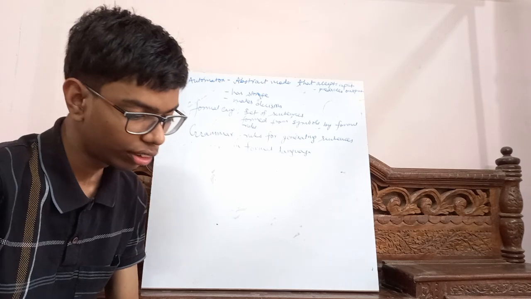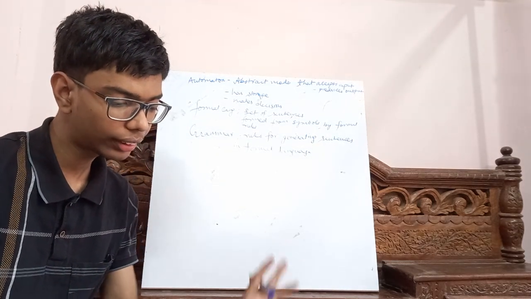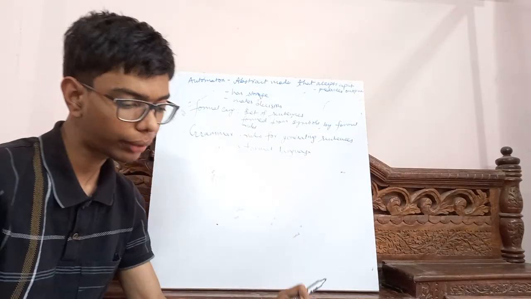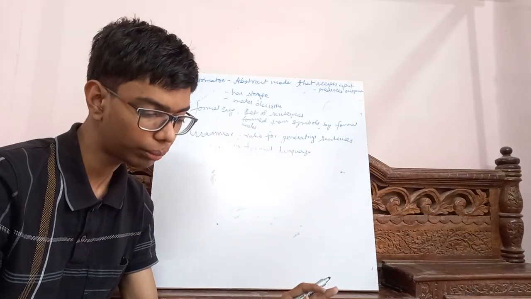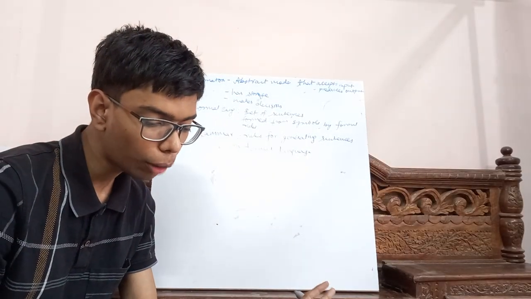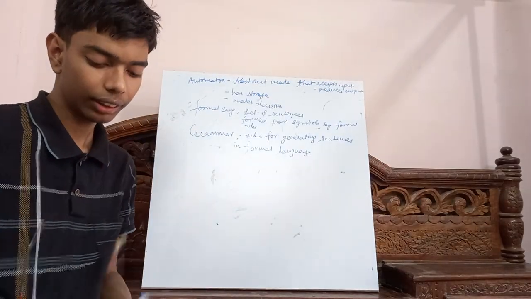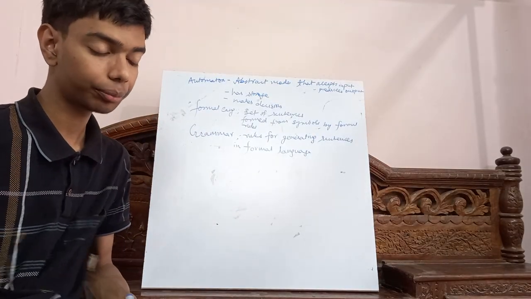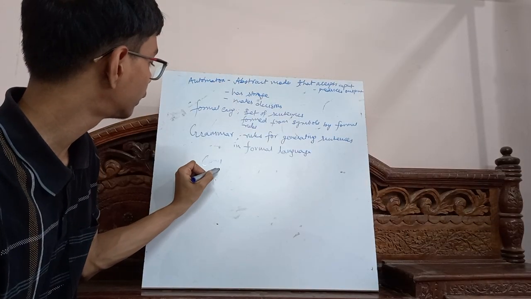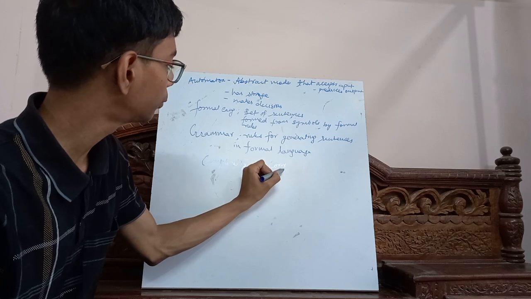Now, what is computability and what is complexity? What kind of problems can a computer solve in principle? That is computability. And problems which can be efficiently solved in practice, that is called complexity, right? So what will we write about complexity and computability?